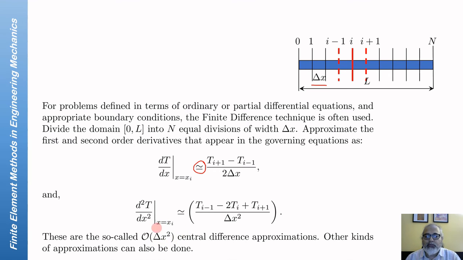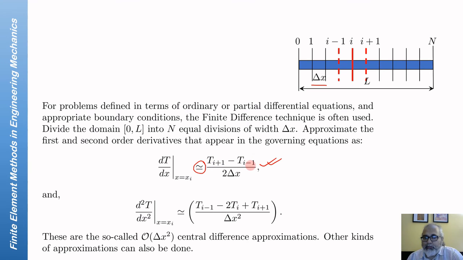If you want them to come close as delta x cubed, for example, then you would have somewhat different formulas for the first derivative and the second derivative. So to calculate the first derivative, this is the formula that we use. These, by the way, follow from the Taylor series expansion of T about the point i.